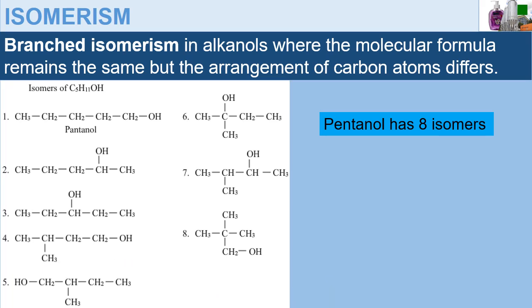The next example is another case of branched isomerism. In this case, notice the functional group is in carbon number 2, and the longest carbon chain is 1, 2, 3, 4. Therefore, it is still a butanol.